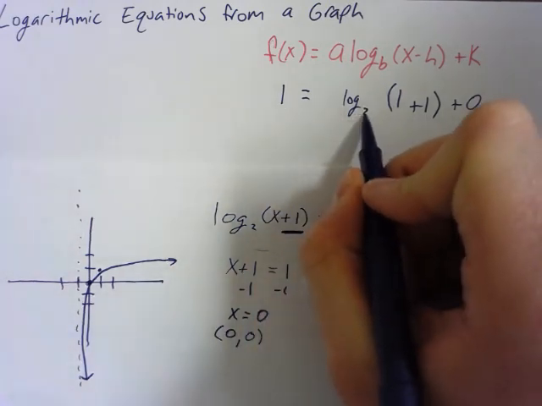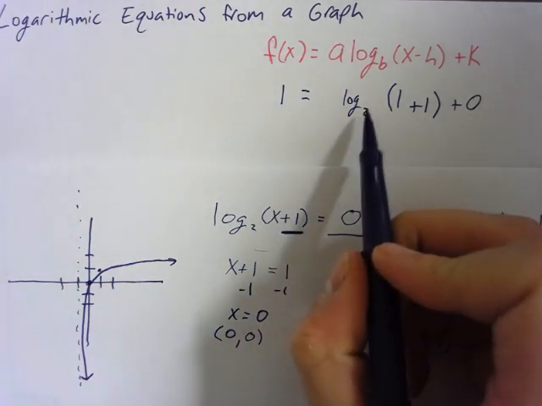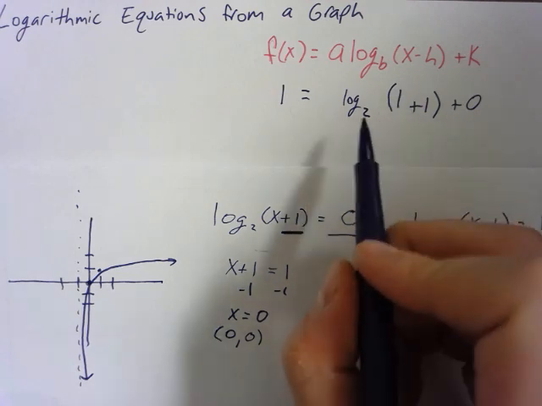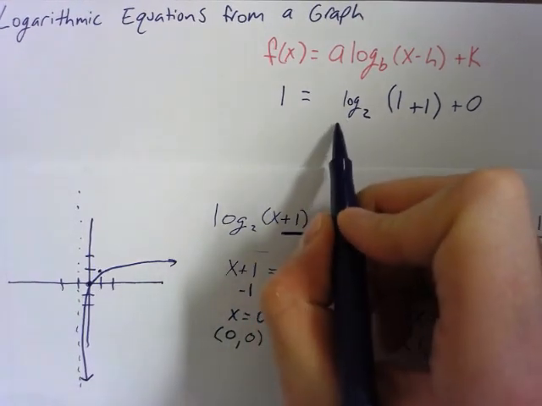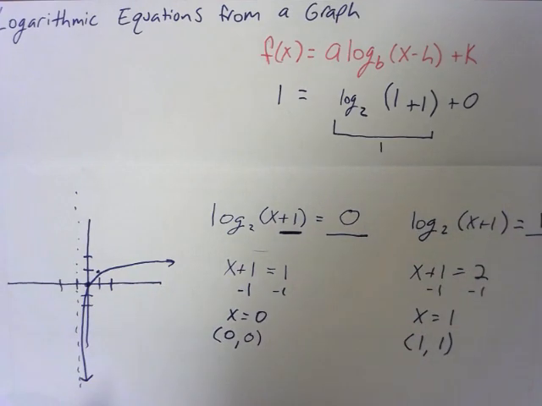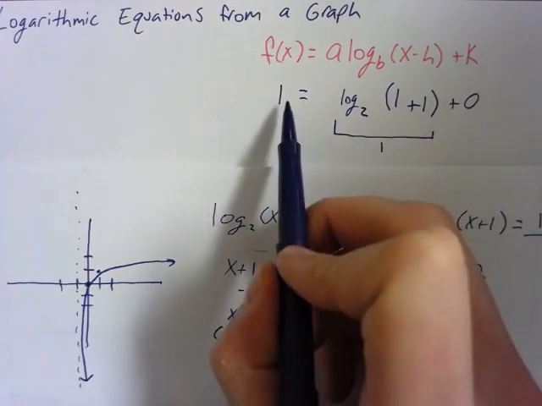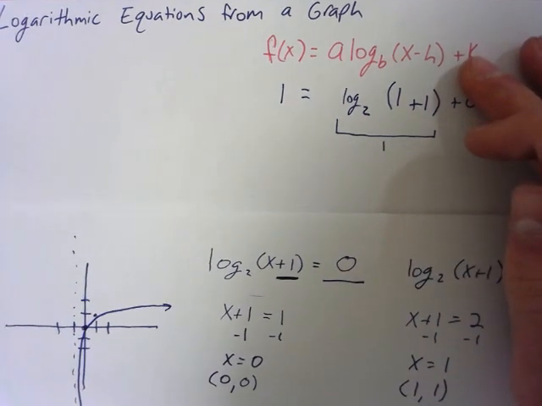So if I make my log base 2, well, 2 to the what power gives me 2? Well, 2 to the first power gives me 2. So this equals 1 if this is the case. And 1 plus 0 is 1. So that means 1 equals 1, which is a true statement.